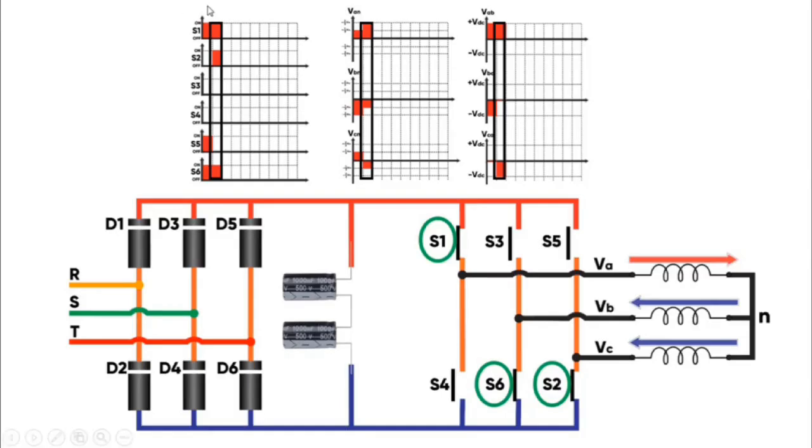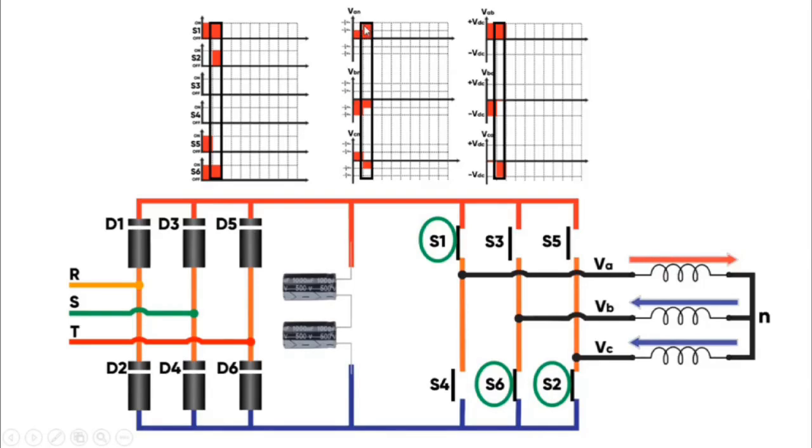Alright, so when switch S1 is closed for us, since these two switches are also closed, a potential difference is created between these 2 points. So, if we want to find the value of VAN, VAN will be 2/3 of VDC.